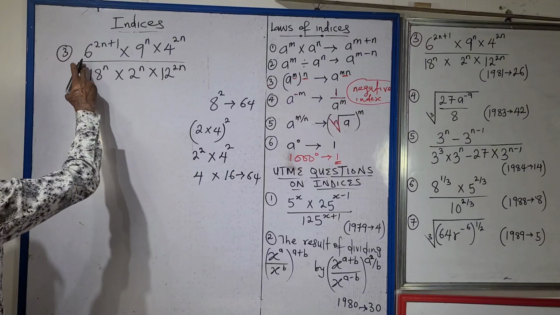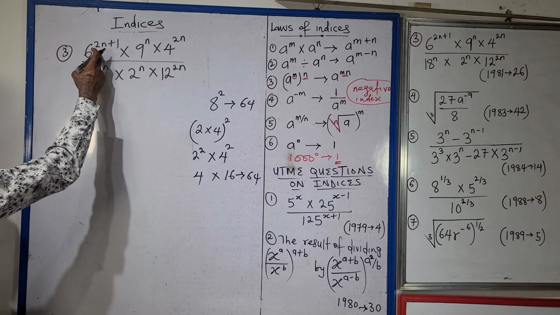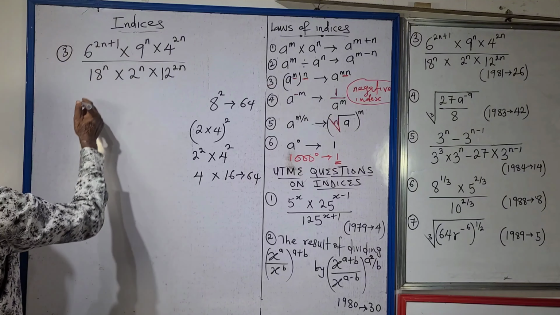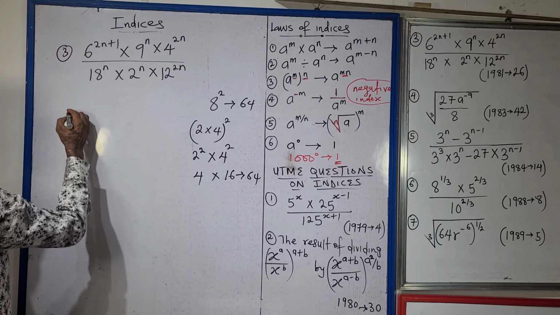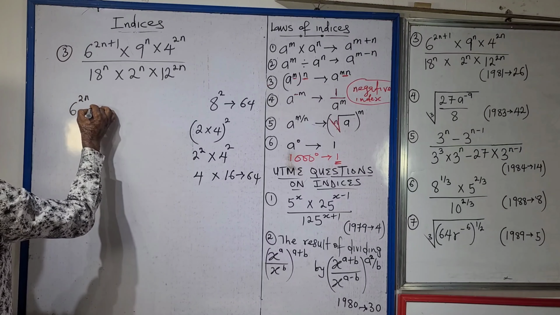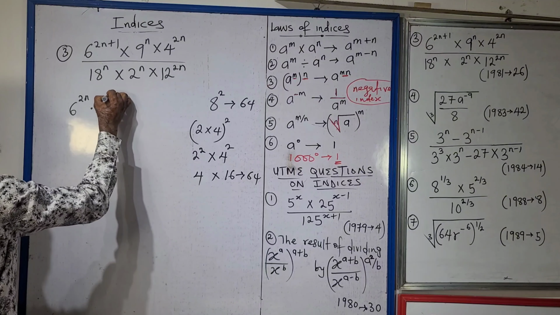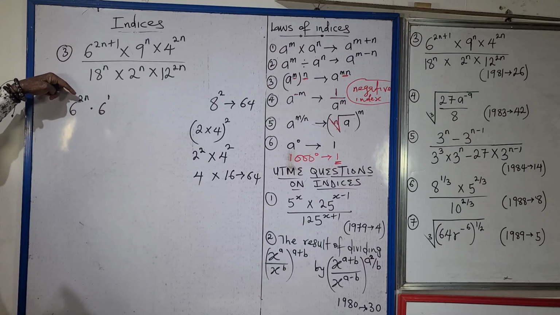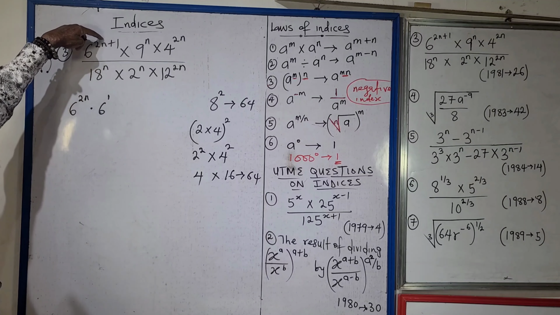let's just flow. Also, 6 raised to power 2n plus 1 will mean, for me to have a plus here, that this must have been 6 raised to power 2n times 6 raised to power 1. That's what it will give you.